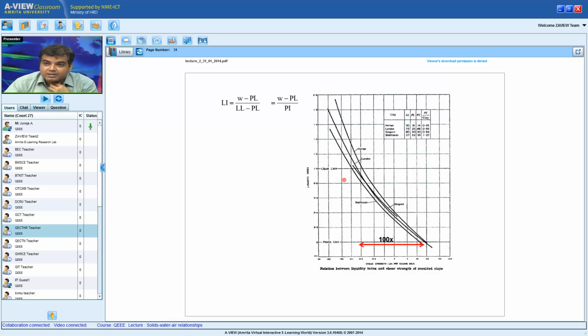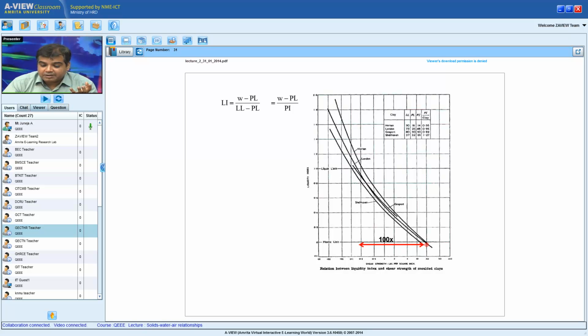In other words, it's a good number to remember or to think about: that at liquid limit, my strength reduces by 100 times the strength which would have existed at plastic limit. So it gives a good feel.